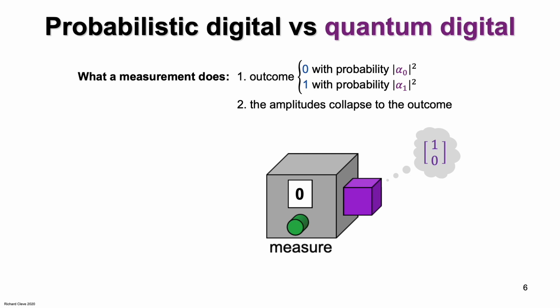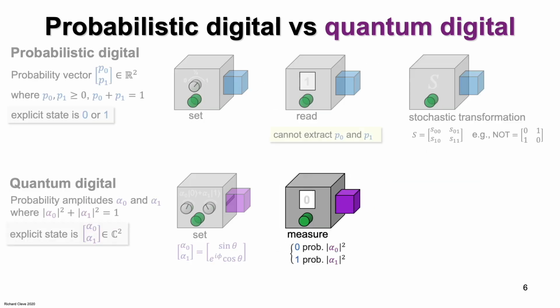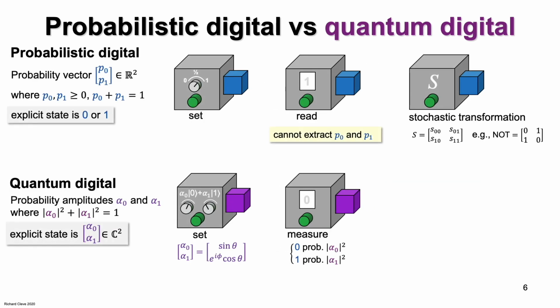And there's no point in measuring the qubit a second time. We just see the same result again. It should be clear that measuring a qubit does not enable us to extract the amplitudes alpha 0 and alpha 1. In this respect, qubits resemble the bits in our probabilistic digital system.